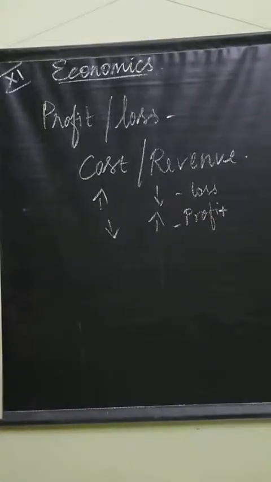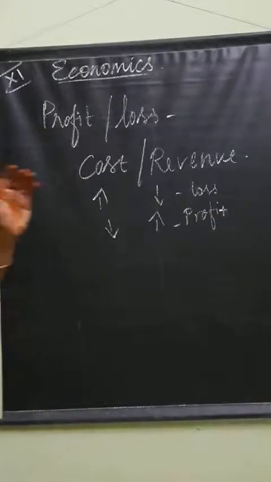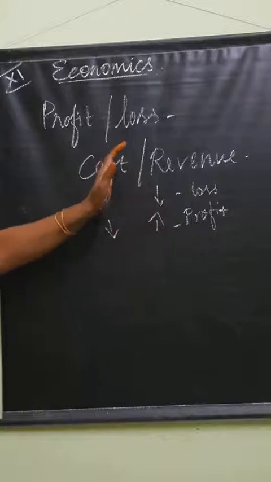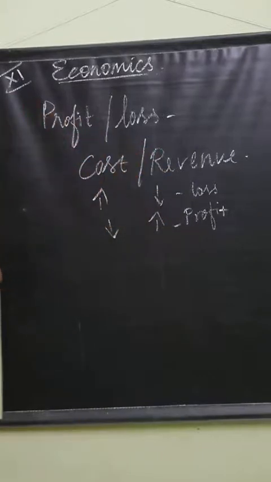So the difference between the revenue and the cost is profit or loss. The total cost is more, total revenue is less, that is loss. The total cost is less, total revenue is more, that is profit.